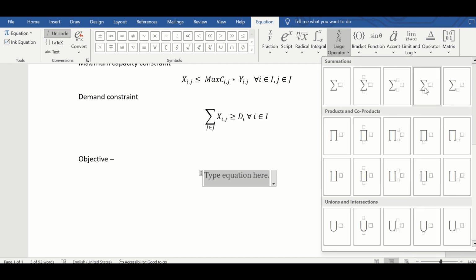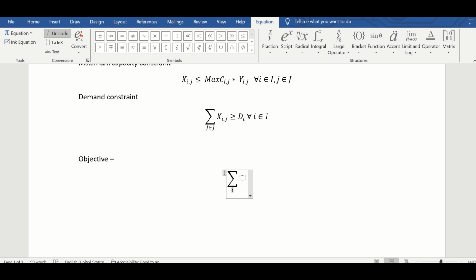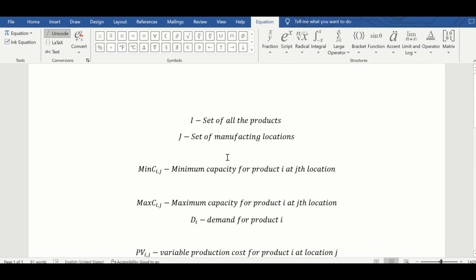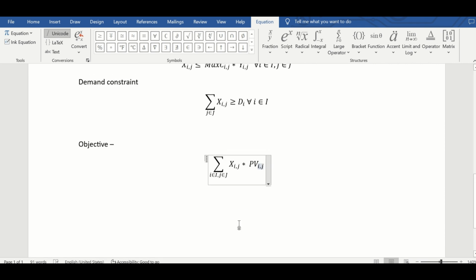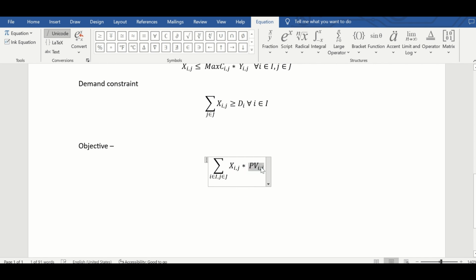To write the variable production cost, we will take the sum over I belongs to set I and J belongs to set J. So this is the variable production cost: X I comma J multiplied with the variable production cost, which for us is PV I comma J. So how much quantity is produced, multiplied with the variable production cost, and if you take the summation for all the items at all the manufacturing units, that would be the total variable production cost.